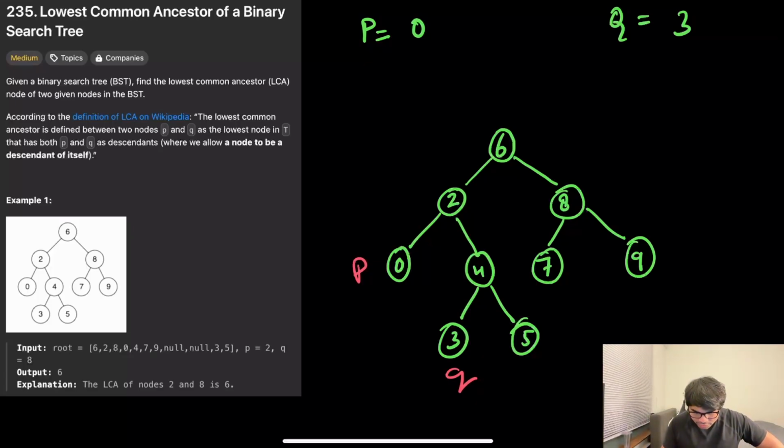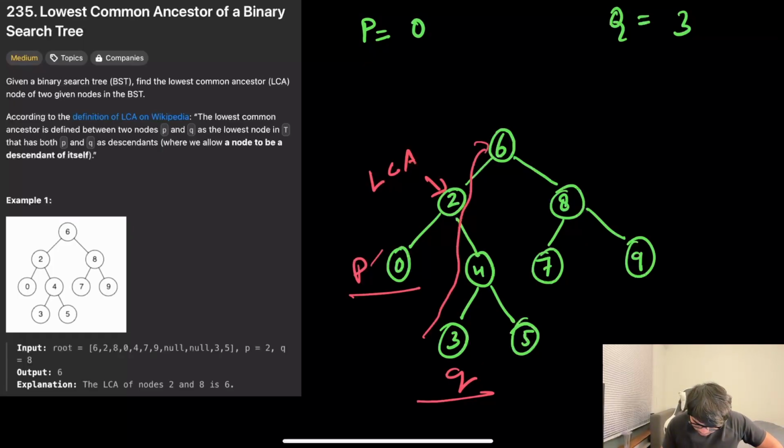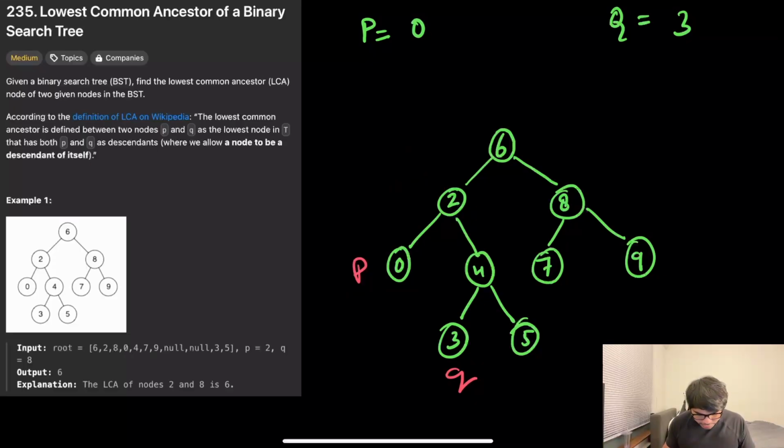This time it's not going to be 6. No, it's going to be 2. This is the LCA of P as 0 and Q as 3. And the reason is, if you travel up till the root from here, this is the point where you basically had a common parent, where you combined in the process of going up to the root. Okay, so this is one example.